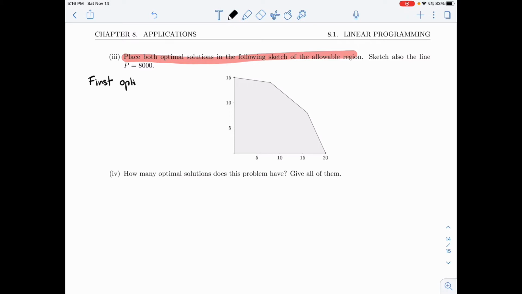All right, so the first optimal solution, that was 8, 14. So 8 and 14 is right here. And then after pivoting, we had a second one.